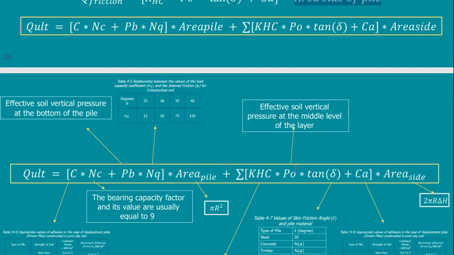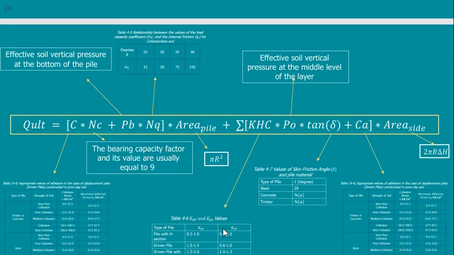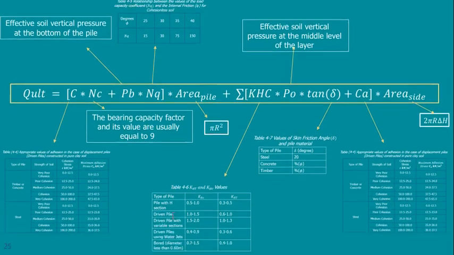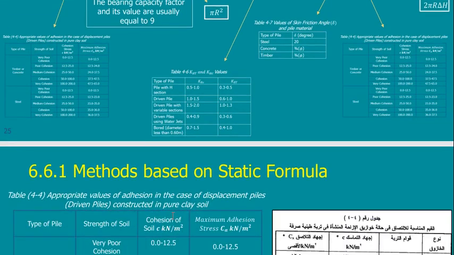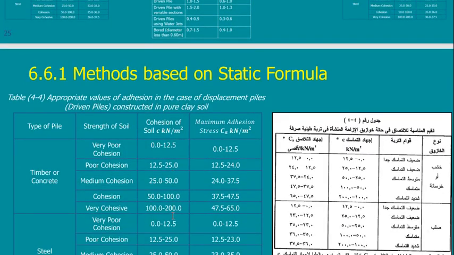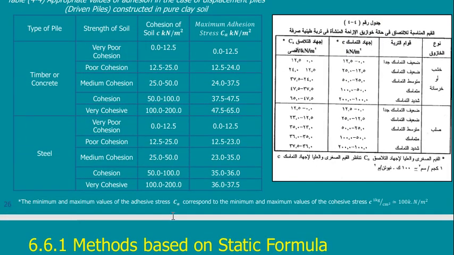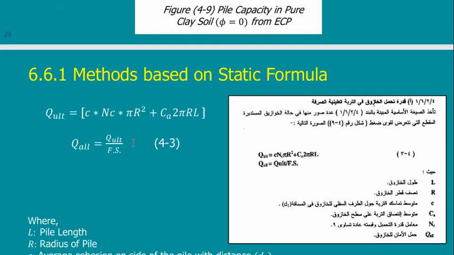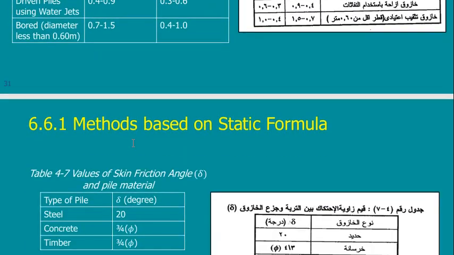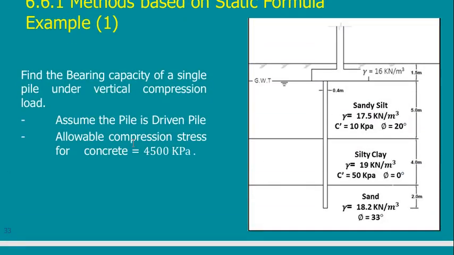There are lots of parameters, and each one comes from a specific table. Of course, in the exam you are not going to have these tables, but you will have the parameters if this is one of the problems in the exam. These are the tables where I can get all of my parameters.